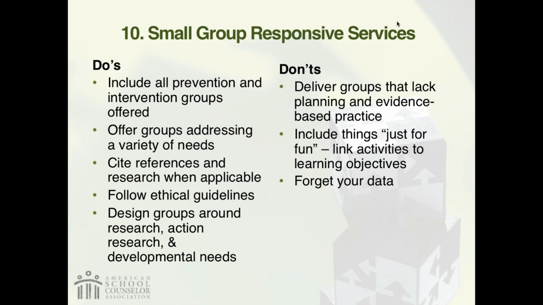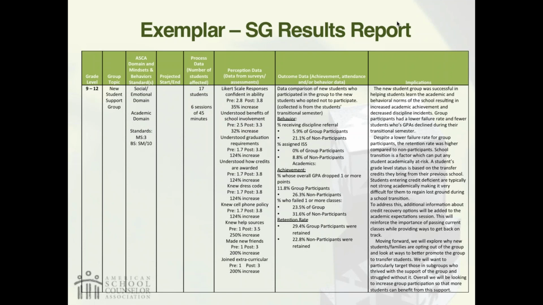So this do's and don'ts is a really good self-check for you to make sure you're on target with your small group responsive services. This is an exemplar for a small groups results report. It's from a high school, and it was around a new student group that they decided to do differently and more intentionally.